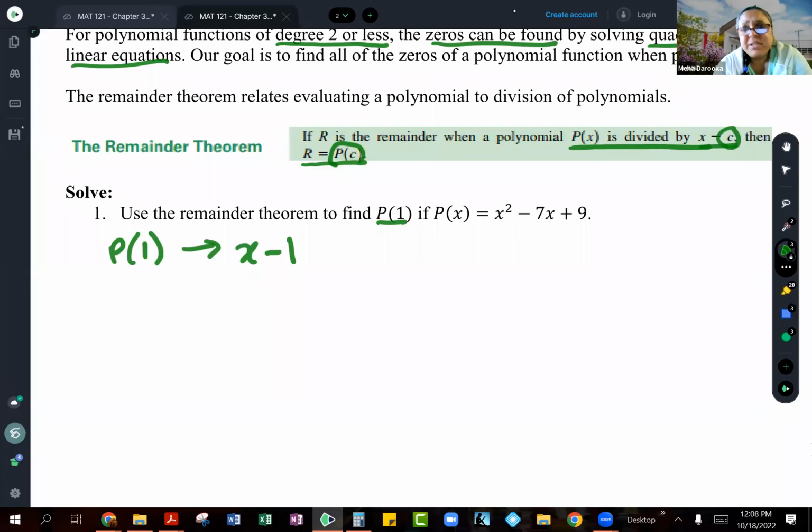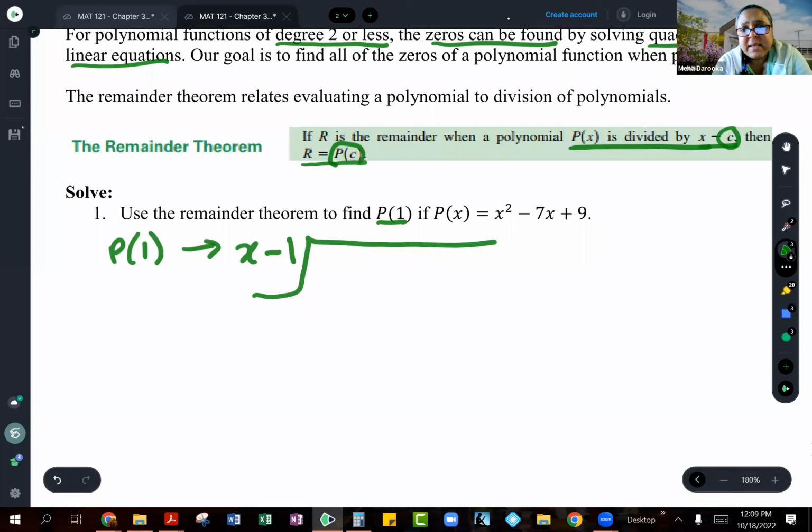So this is actually where, guys, we're going to bring back something that you probably haven't done in a while, and that's going to be long division. So we're going to see how we can use long division to simplify this. So this x minus 1 is what we're dividing by, and then your polynomial, of course, is x squared minus 7x plus 9.